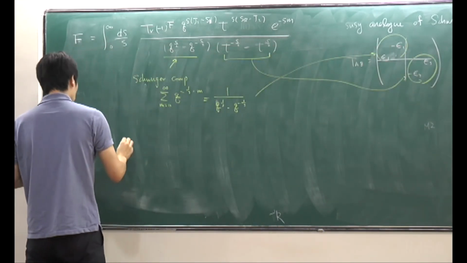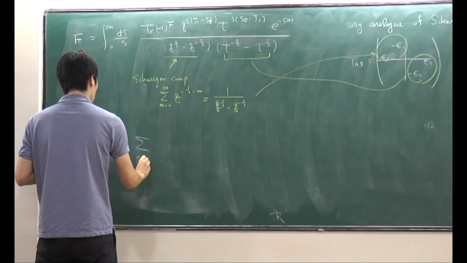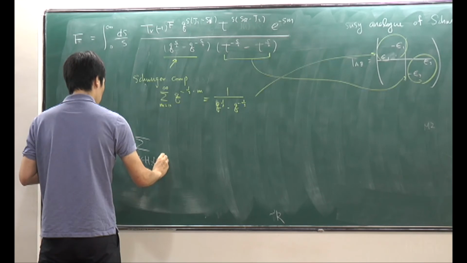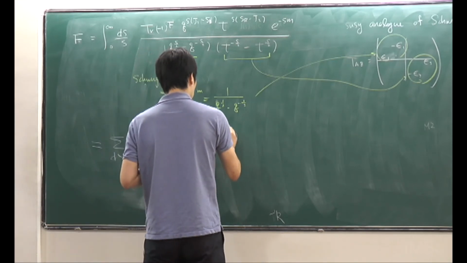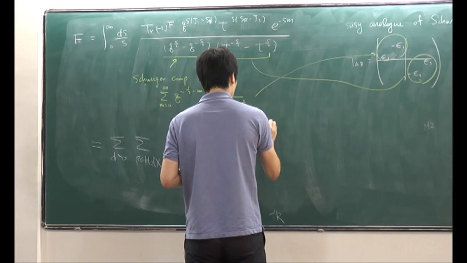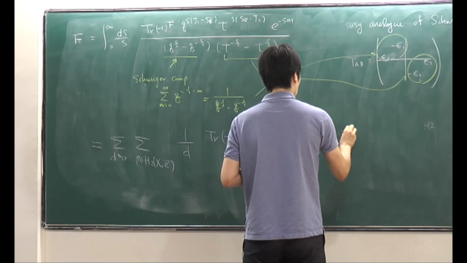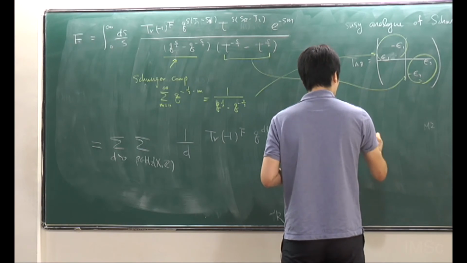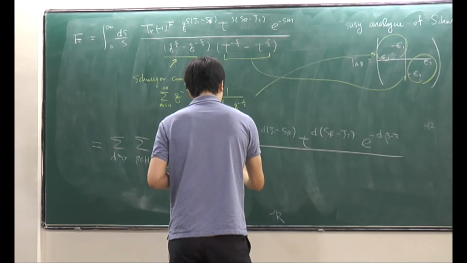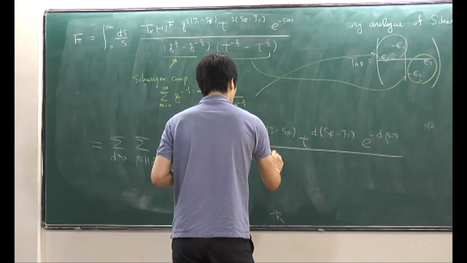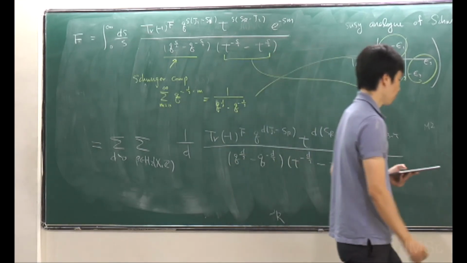And if you use the Poisson summation, one can write the sum over d equal to 0, sum over beta in H2, such that 1 over d trace of (-1)^F, q to the d j1 minus sr, t to the d sr minus j2, e to the minus d beta tau, over q^(d/2) minus q^(-d/2), t^(-d/2) minus t^(d/2). Okay.